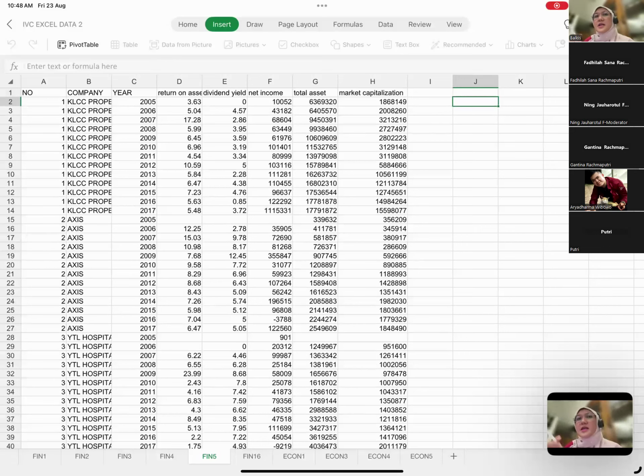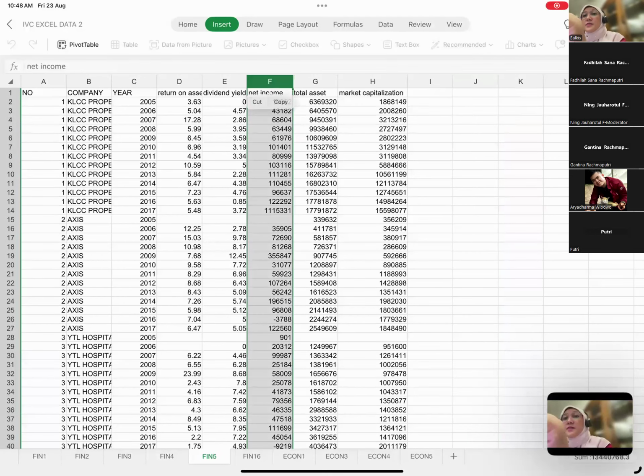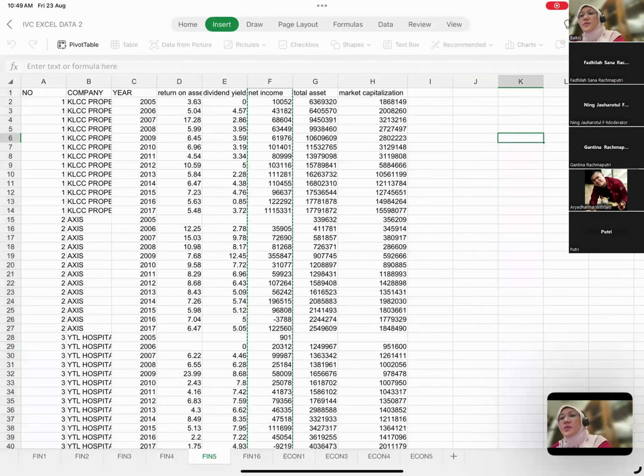Therefore, net income will be the Y. So imagine J is the net income. So you have to copy and paste here, and then you copy to J column.